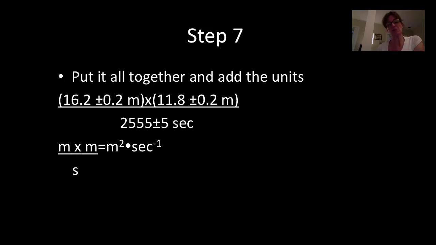And so my units will be meters squared over seconds. And we've talked about this, the inverse of anything, so 1 over seconds, will be seconds to the negative 1. So putting it all together, my answer is 0.0748 plus or minus 0.002 meters squared per second. Very nice.